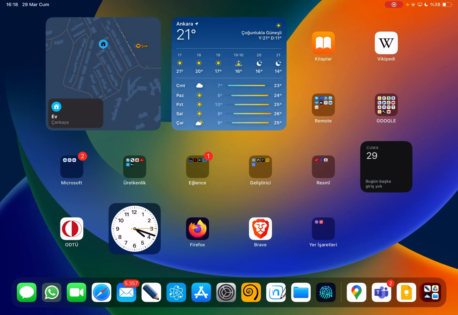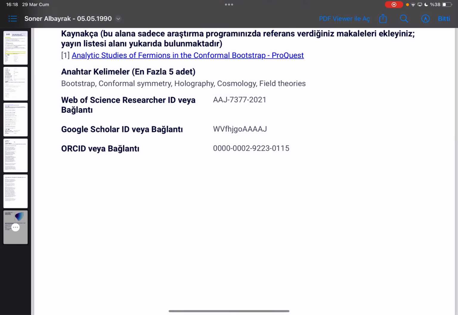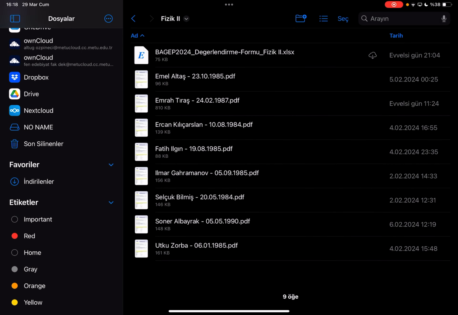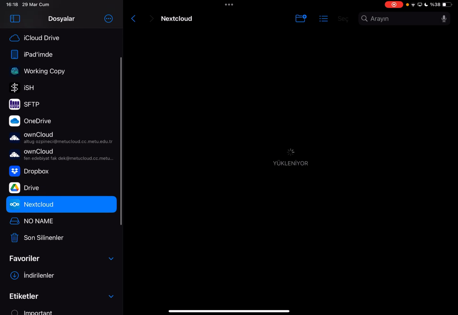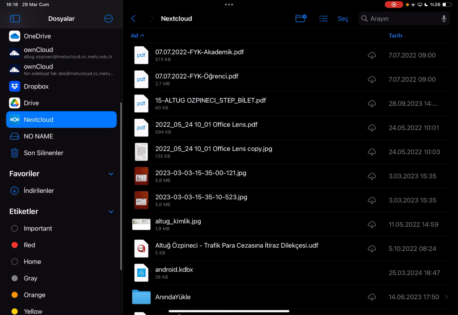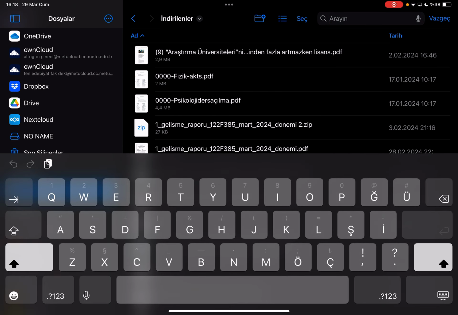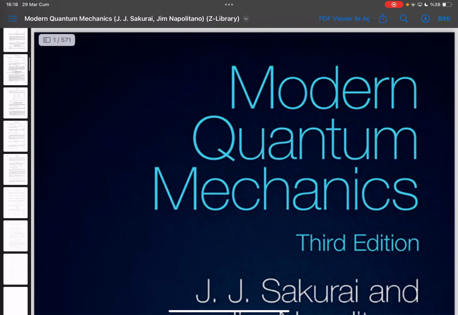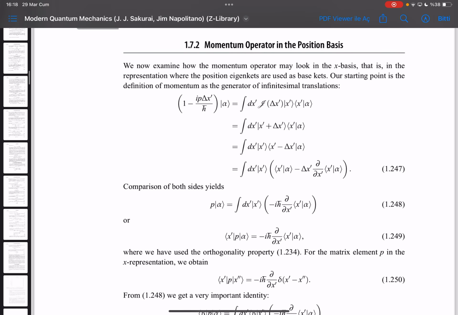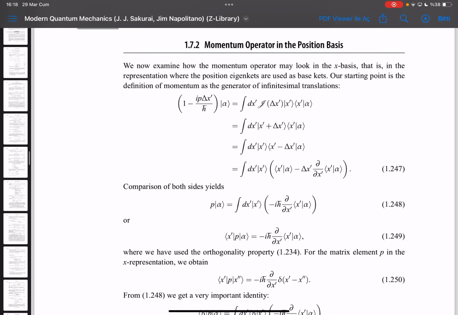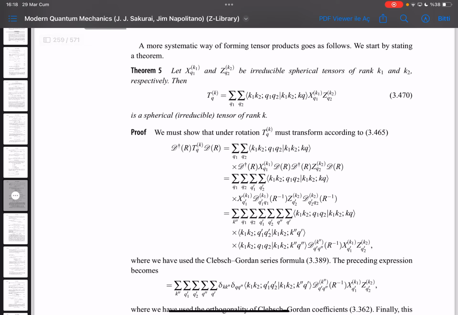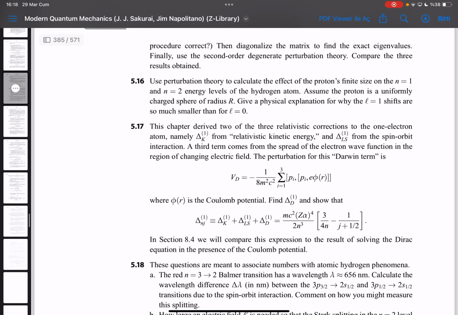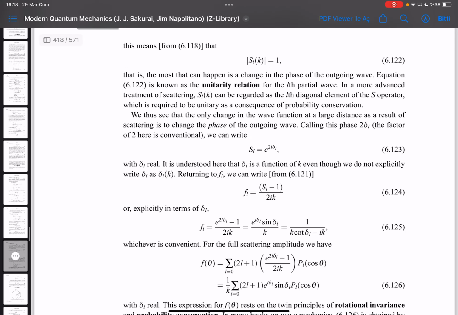Well, let me open what we have from the book. There is some scattering data in the book.